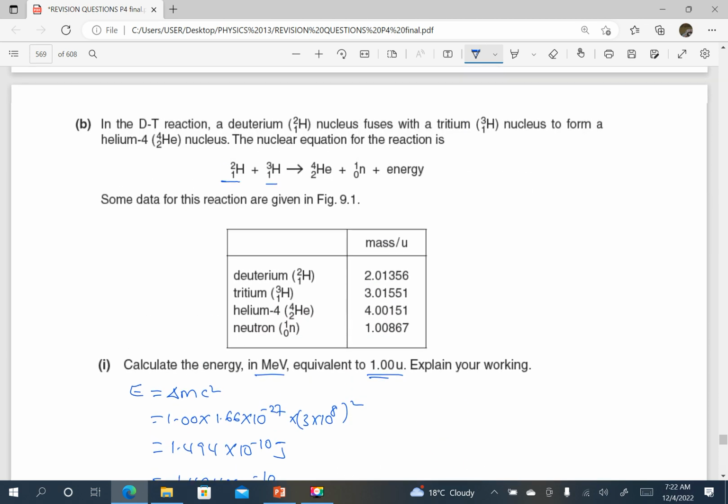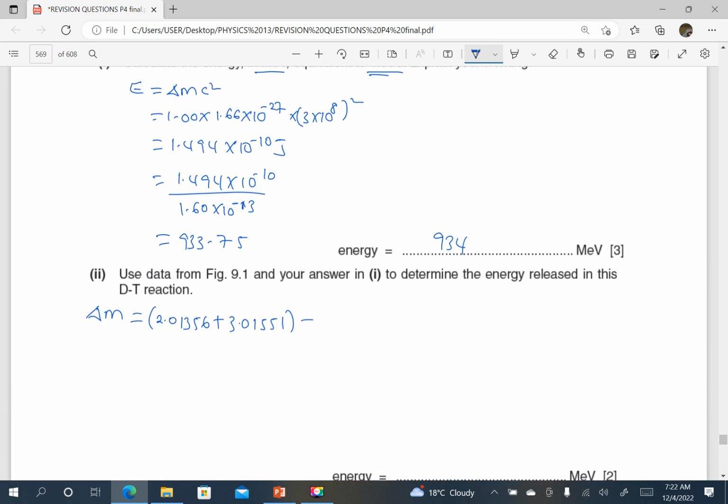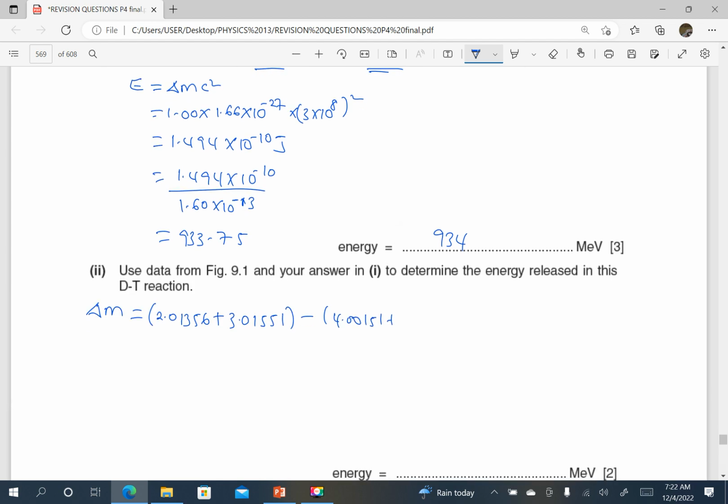On the right, we have helium and a neutron. So we are finding the total mass on the right. So we have 4.00151 plus the other one, which is 1.00867. That is the total mass on the other side.